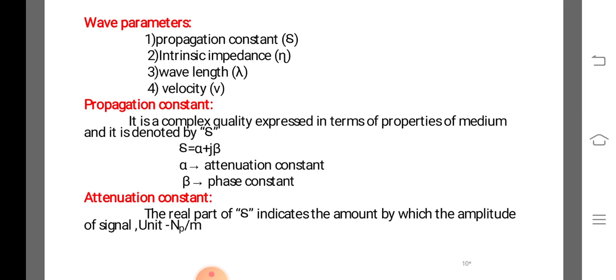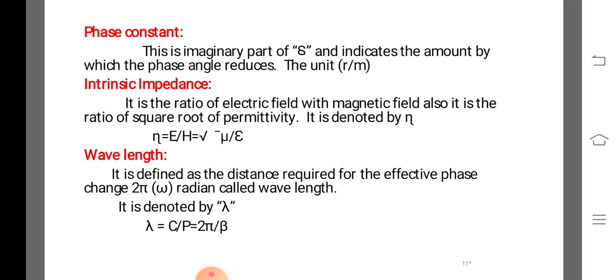Attenuation constant is the real part of gamma and indicates the amount by which the amplitude of the signal decreases, with unit Np/m. Phase constant is the imaginary part of gamma and indicates the amount by which the phase angle reduces. So the unit is rad/m.